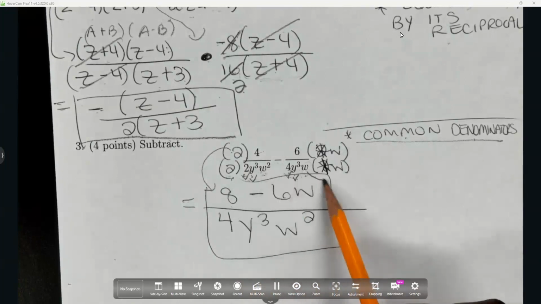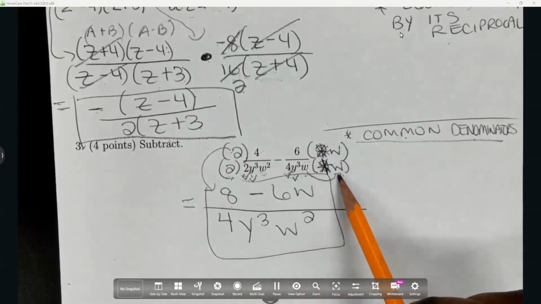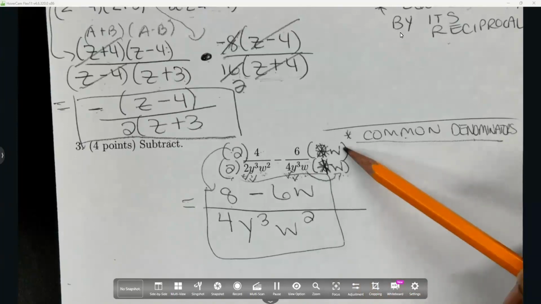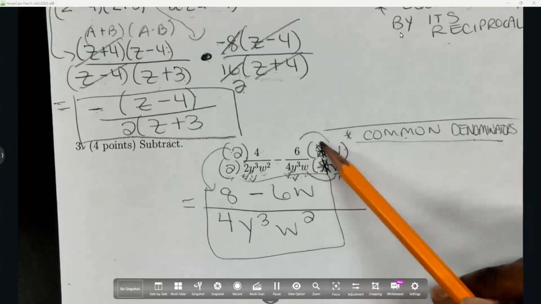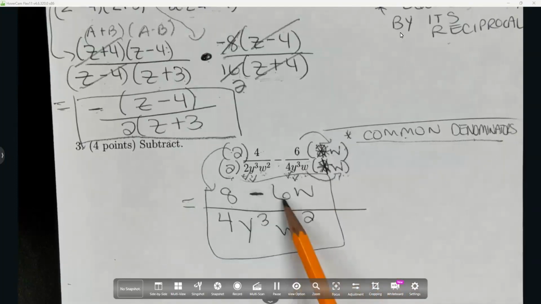So that means I have to multiply it times w. And because we're multiplying the denominator by w, we also multiply the numerator times w. All right, that's a minus 6 times w, so we carry it down, minus 6w. Keep your denominator the same. So remember, our least common denominator is 4y cubed w squared, and that will be our answer.